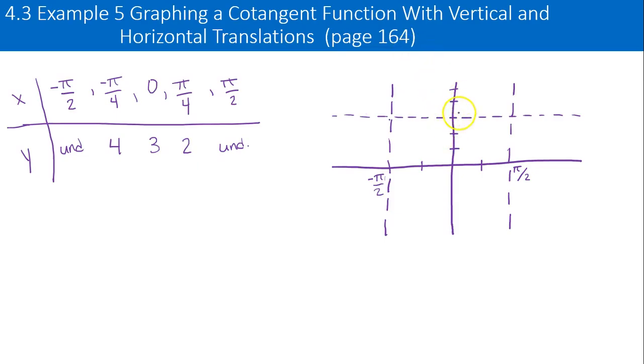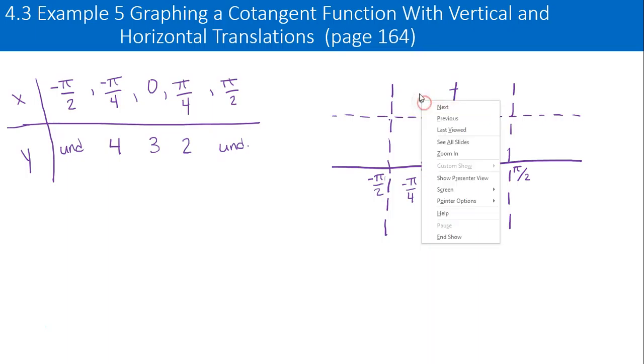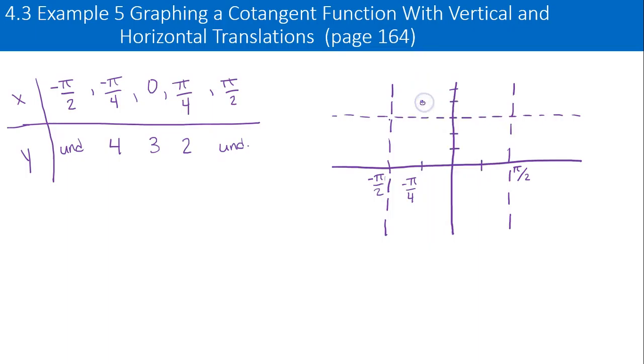And so compared on this vertical line here at our negative pi over 4 x value, we have 4. So this point right here. And then at 0, we have 3. And then at pi over 4, we have 2.